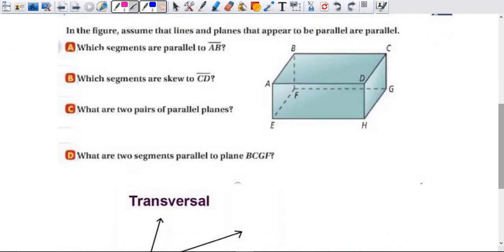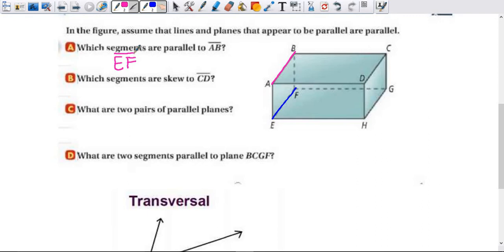All right, so let's look at this figure. Assume that the lines and planes that appear to be parallel are parallel. Which segments would be parallel to AB? They have to be on the same plane. So what about EF? And these are segments now.